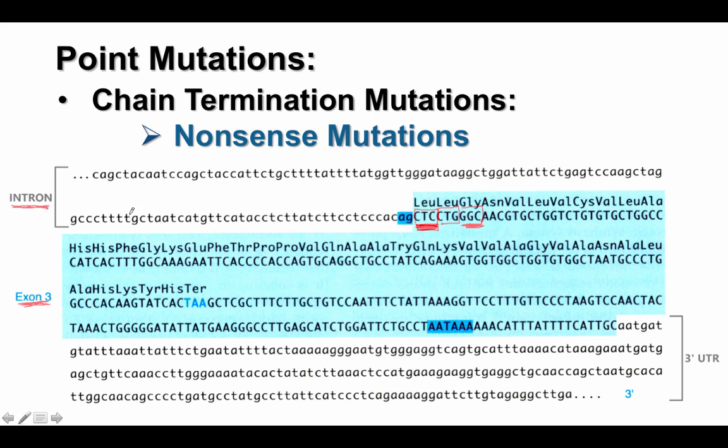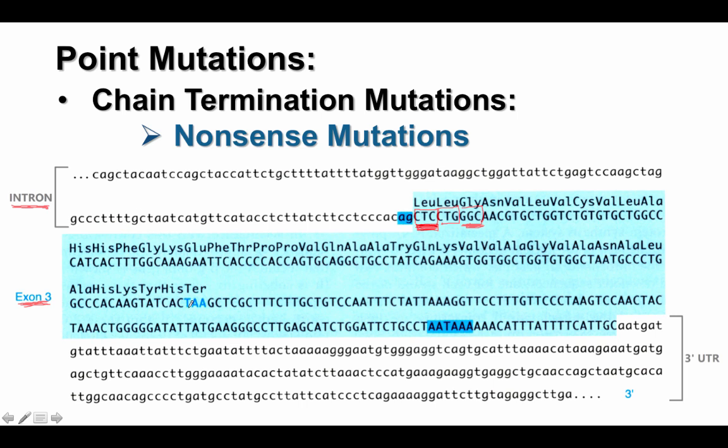This AG represents the 5' donor site, where we're going to splice out, excise out the intron, and then fuse exon number 3 to the 3' acceptor site on exon number 2. We'll get more into that later on.